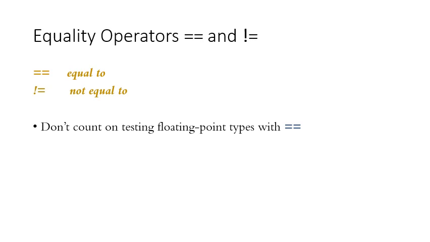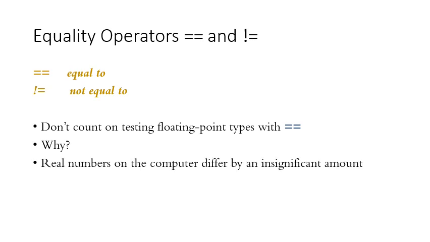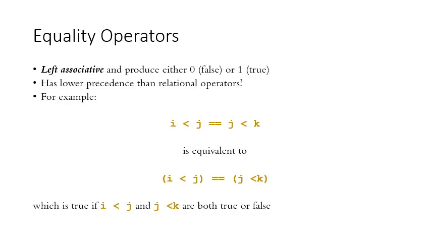Don't count on testing floating point types with double equals. Why? Real numbers on the computer can differ by an insignificant amount, and equals equals tests for exact equality. Like the relational operators, the equality operators are left associative and produce either 0 for false or 1 for true as the result.